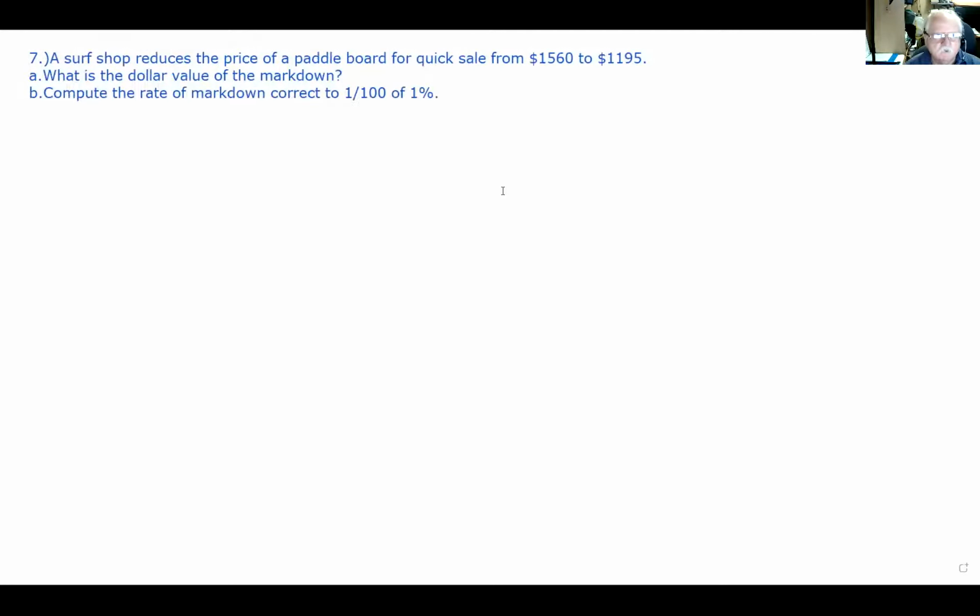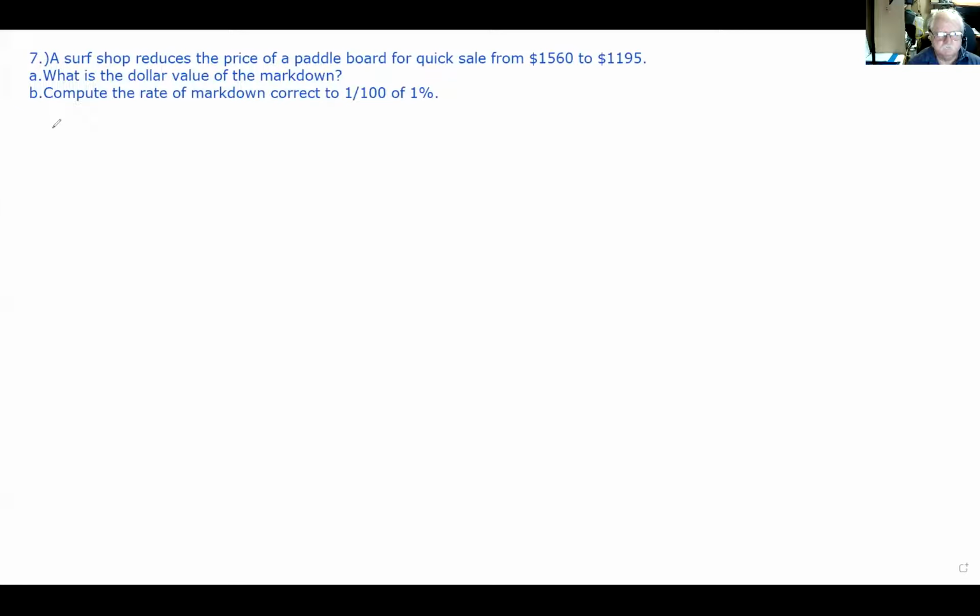So a surf shop reduces the price of a paddleboard for quick sale from 1560 to 1195. So what do we know?